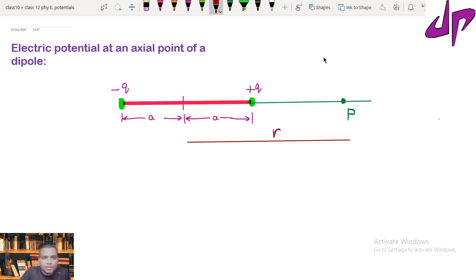Now let me take this charge location at point A and this charge location at point B, and the midpoint you can consider as O.